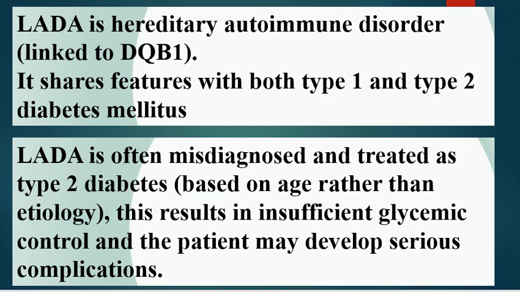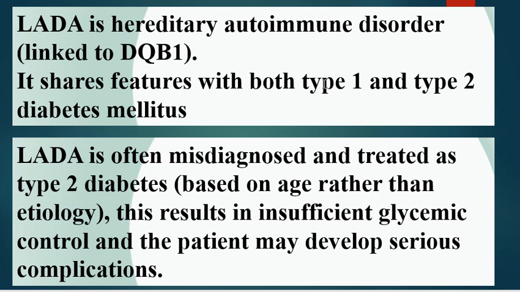It shares features with type 1 and type 2 diabetes. It shares features with type 1 in the sense that both LADA and type 1 require insulin, and also they share some diagnostic antibodies.